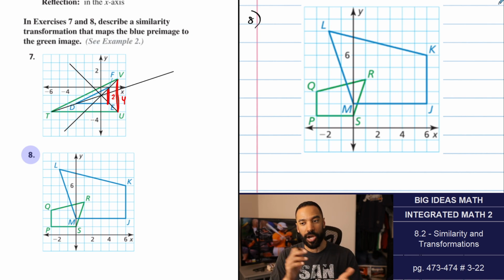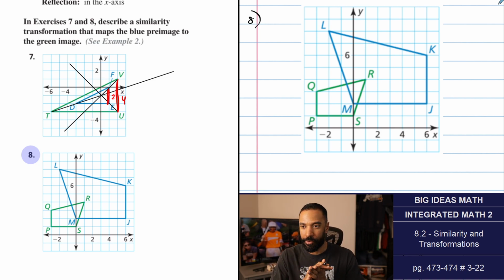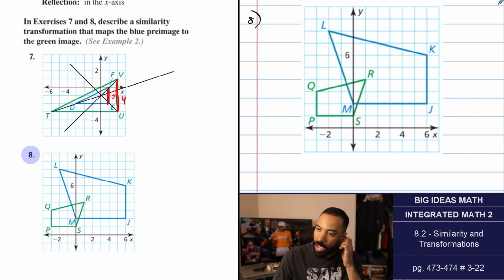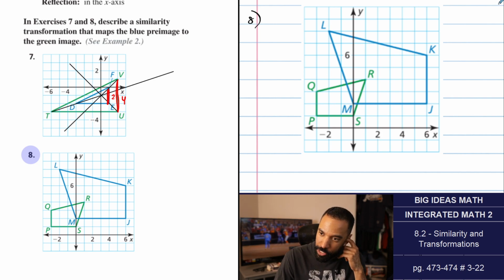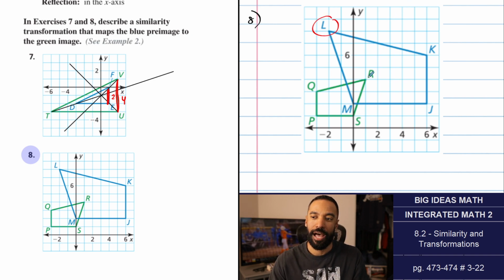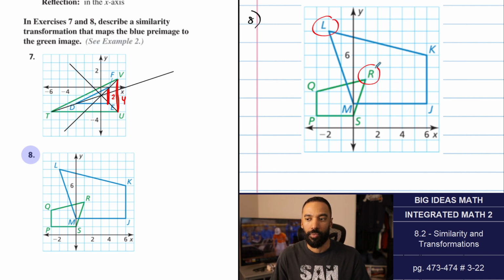Let's actually start. This sounds counterproductive. I'm only saying this because of the room we have, which is very little. Let's maybe start with a dilation, even though we don't have it mapped right. You can probably tell L goes to R, right?